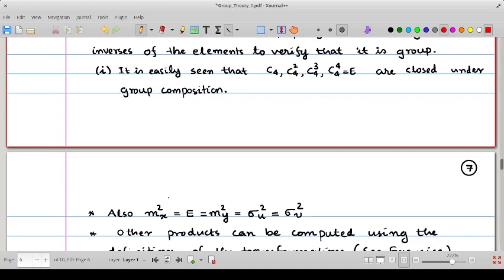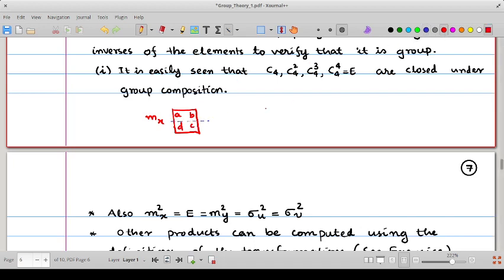Now we can also verify that mx square is the identity. To see that, we note the following. The mx transformation on the square, with vertices labeled A, B, C, and D, is a reflection about this plane.